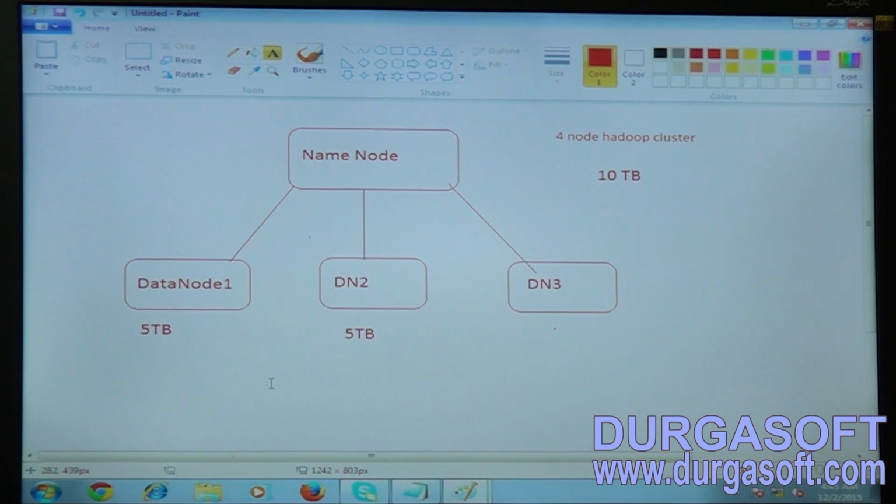I will explain those things when we go for the deep discussion about HDFS. Before that, this is just an overview session to see how it will address the existing problems. So name node receives the business logic, identifies where we have stored the related data, and then parallelly assigns that logic to all the data nodes.